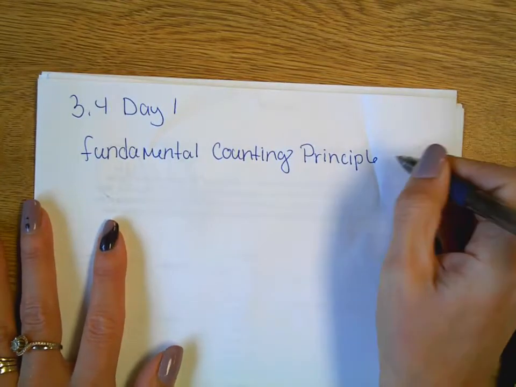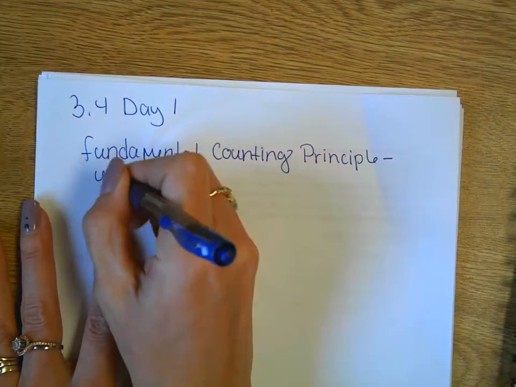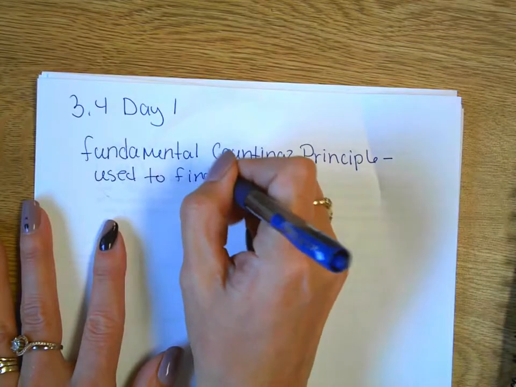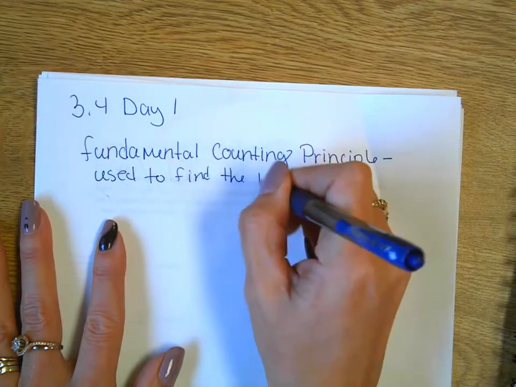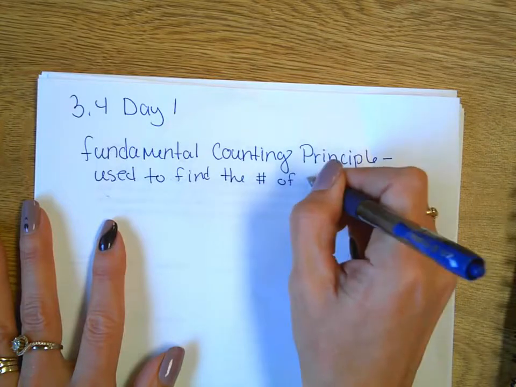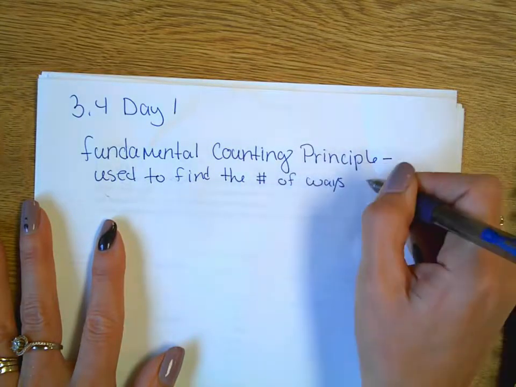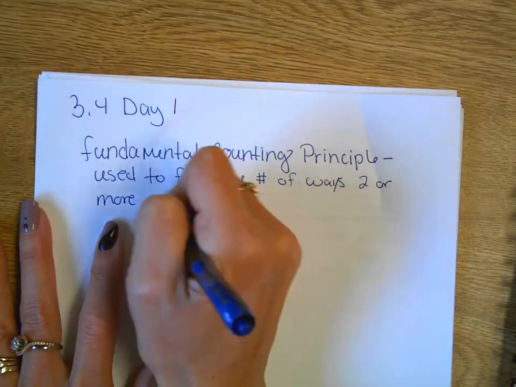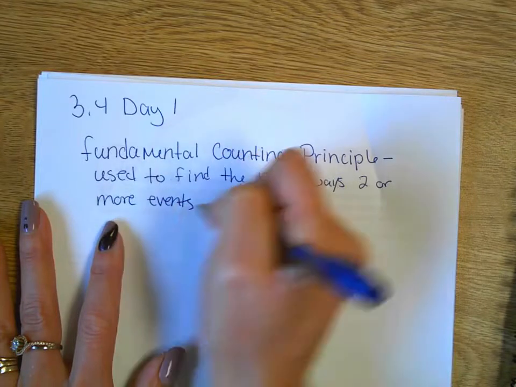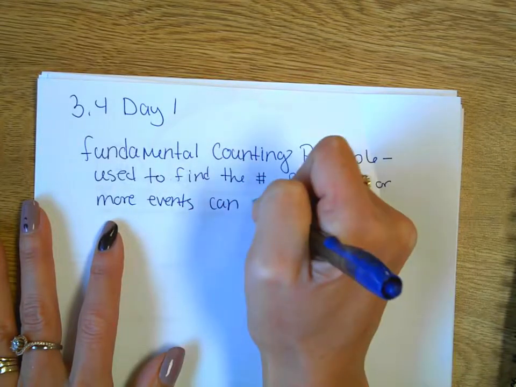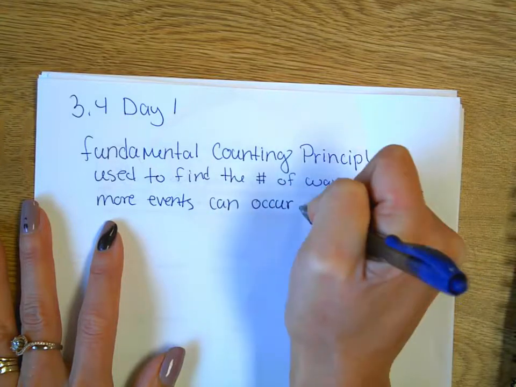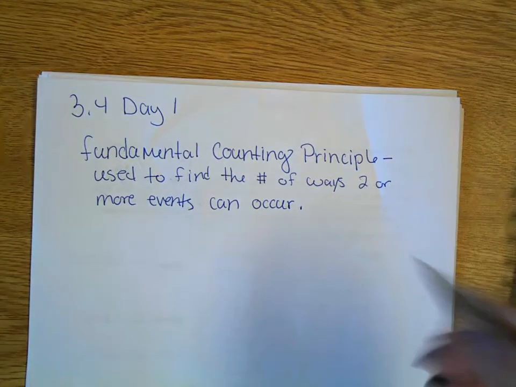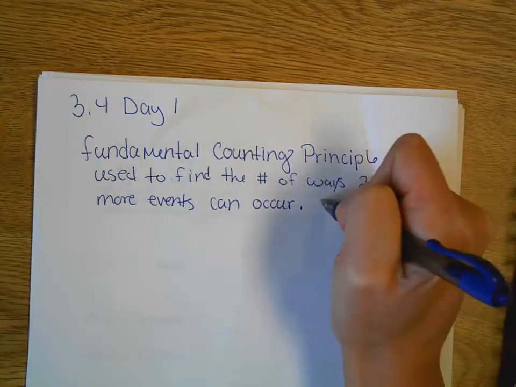Okay, so the fundamental counting principle is used to find the number of ways two or more events can occur. So think of it as a way to calculate your sample space for a multiple part experiment.